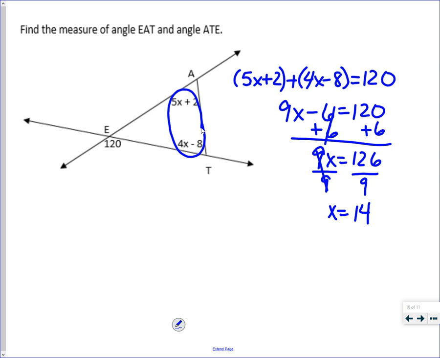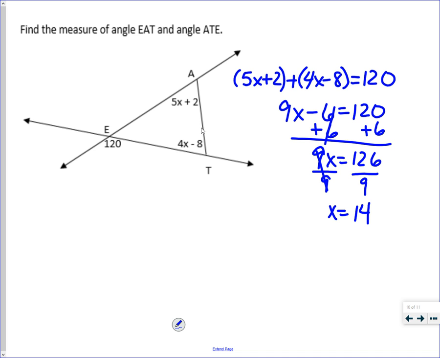But that's not what my question is. The question is for you to find angle EAT, this angle up here, and then angle ATE, so A to T to E. So I really have to find those two angles.